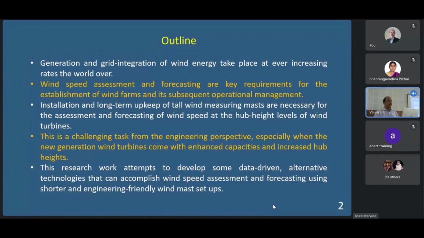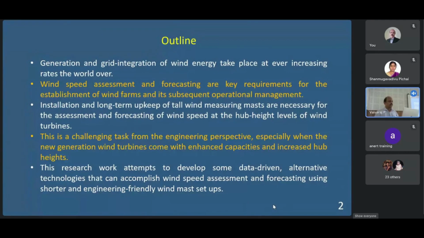So, wind energy development and utilization have been happening across the world at increased rates. And for deciding and designing a wind farm, and also for managing the electricity generated from wind, we need to have wind resource assessment as well as wind forecasting.